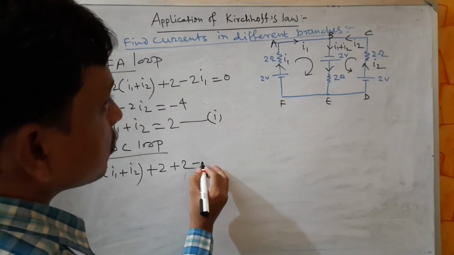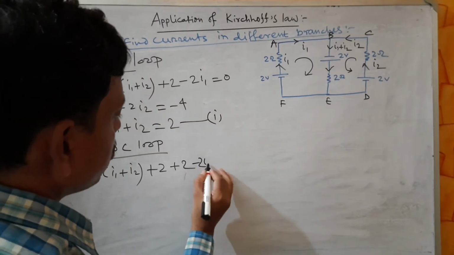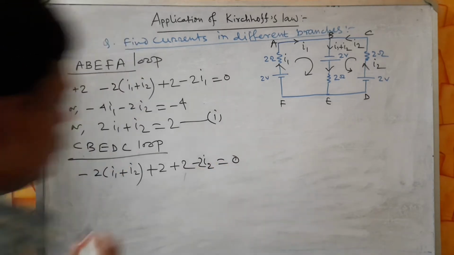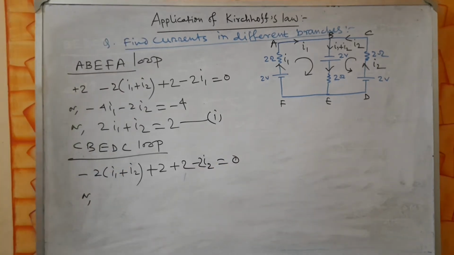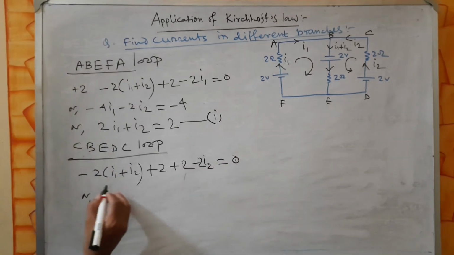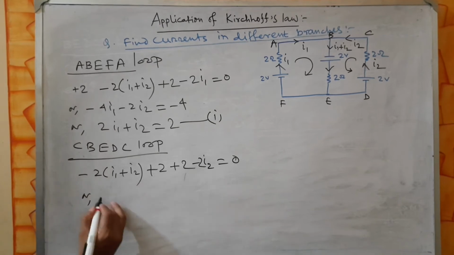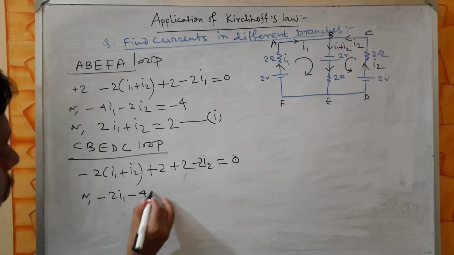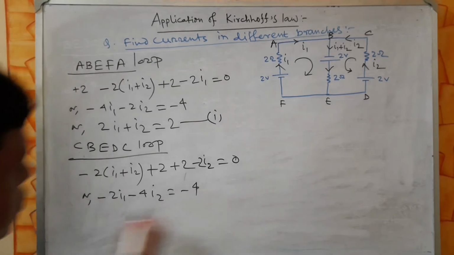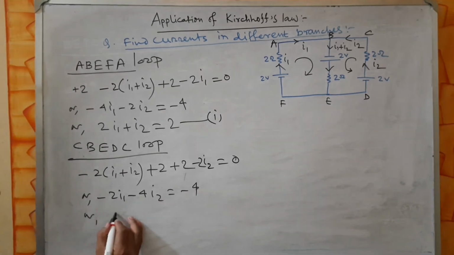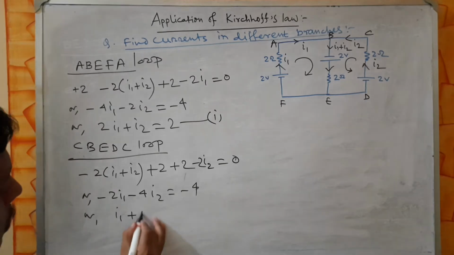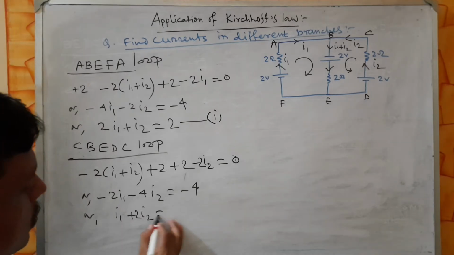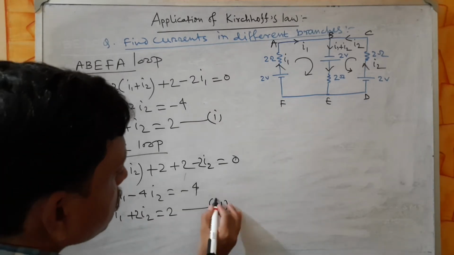So minus 2 I1 minus 4 I2 is equal to minus 4, or I1 plus 2 I2 is equal to 2. This is equation 2.